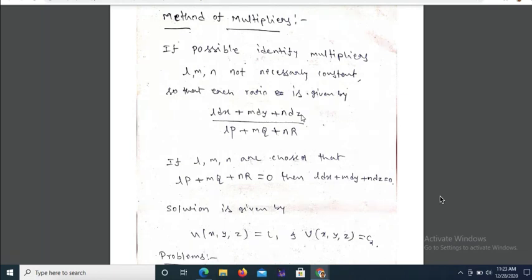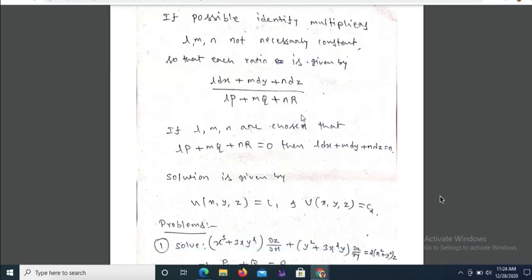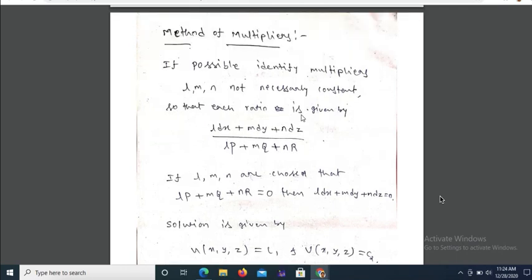Those multipliers should separate the variables. That is left to you. I'm not telling you these are the multipliers you have to choose for this problem. No, that is left to you. How to choose, how to do that? See, if possible, identify multipliers, not necessarily constants, so that the ratio is given.